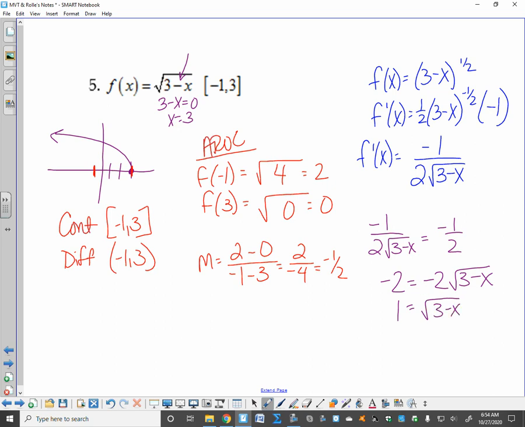I'm going to square both sides. I'm going to subtract the 3. I'm going to divide by -1. Is that in my interval? Yes, it is. So I'm finding the x value so that the slope of the tangent line equals the slope through the endpoints of this interval, where the IROC equals the AROC.